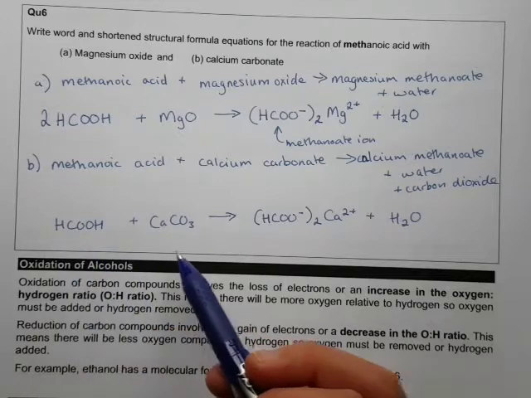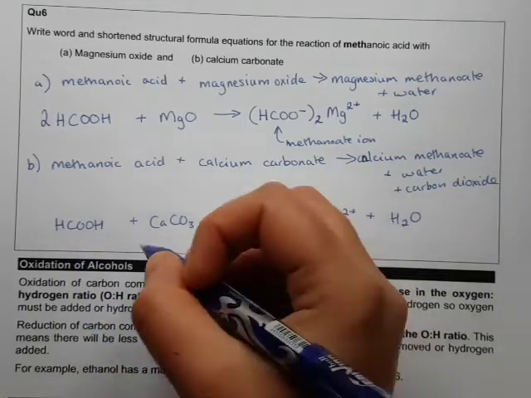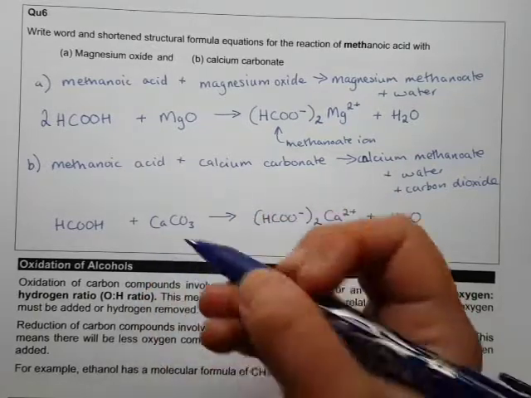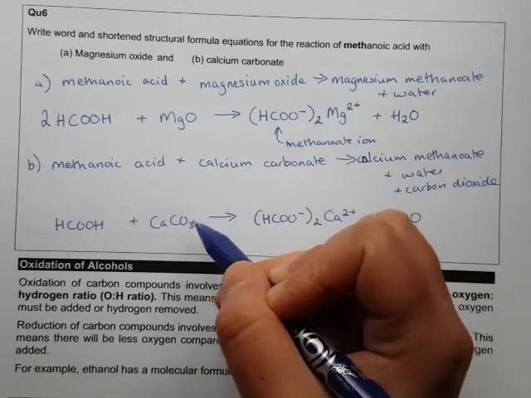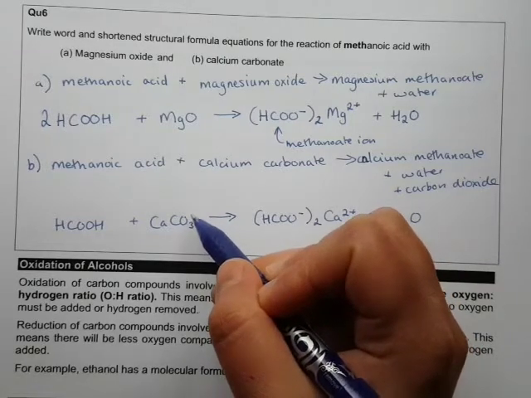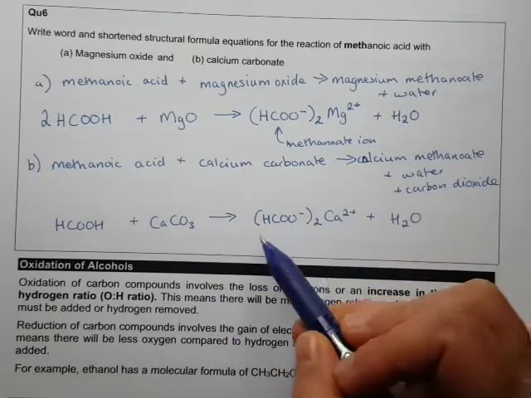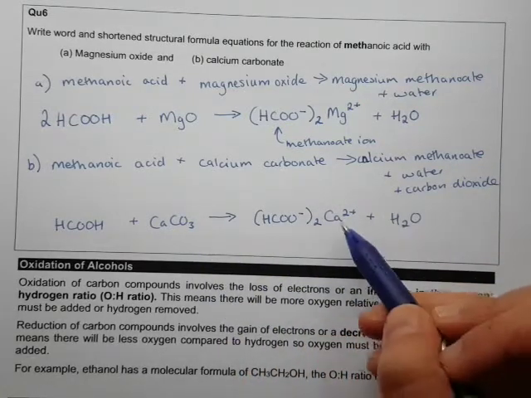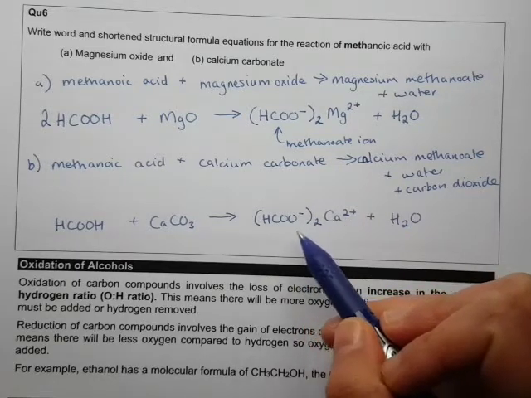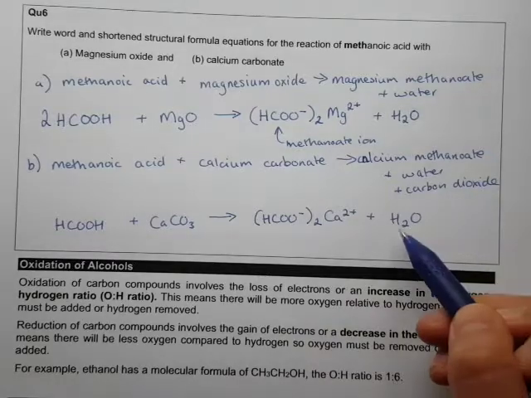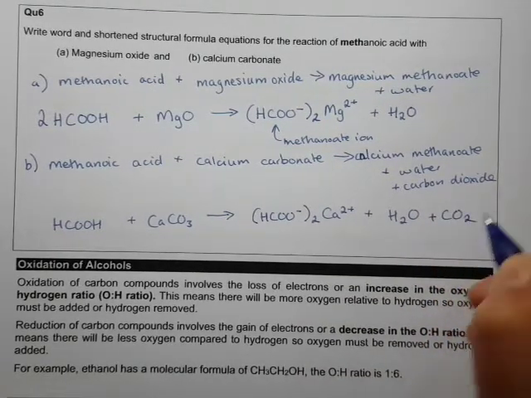And then again, if we look at the short and structural formulas, we've got our methanoic acid plus calcium carbonate. Again, I hope you can work out the formula for calcium carbonate based on the charges. So calcium would be 2 plus, carbonate is in the data book, it's CO3 2 minus, so there would be one of each in the formula. And then when we look at calcium methanoate, because calcium is calcium 2 plus, we would need 2 of the negatively charged methanoate ions for every 1 calcium ion, and we're making water, and I've forgotten my carbon dioxide in this equation here.